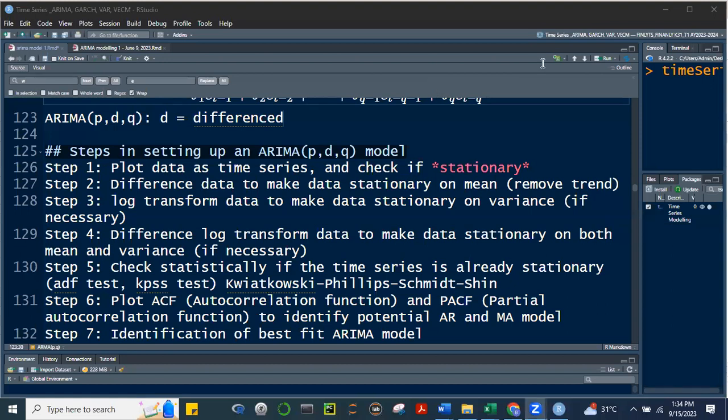First you plot the data to see if it's stationary or not. If it's stationary, then okay to proceed already. If not, check: is the data not stationary in mean? Then you just difference, because differencing will address the trend. Is the data not stationary in variance, meaning the variance is not constant? Then what you can do is get the log of the data.